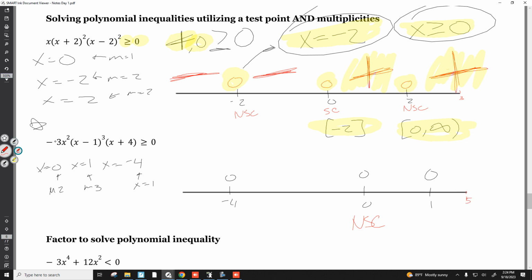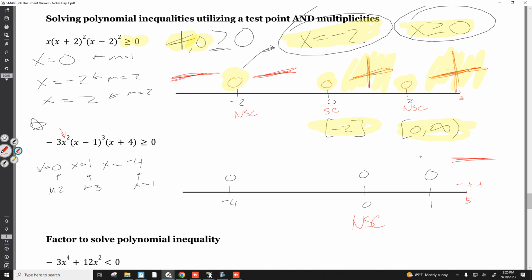Negative 3 times 5 squared is a negative. 5 minus 1 cubed is a positive. 5 plus 4 is a positive. My one all the way to the right is a negative. Just make sure you do order of operations. The squaring of the 5 comes first, then times negative 3 second. Okay?